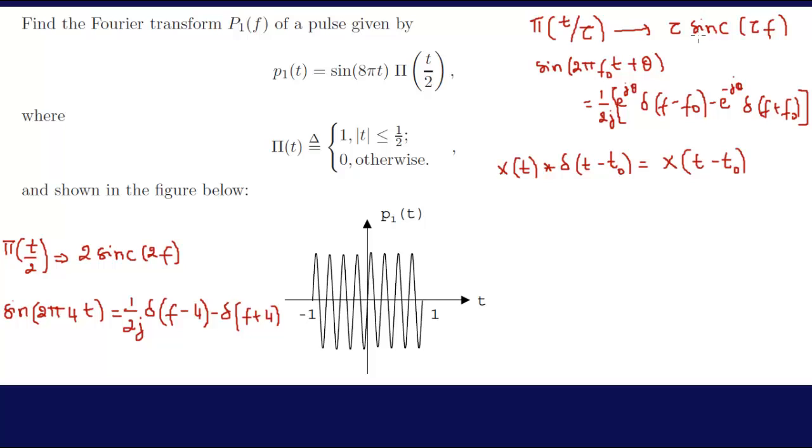So I'm convoluting these two, and this is a delta function with a shift, so it stays that with a shift. Okay, so this is what I have.